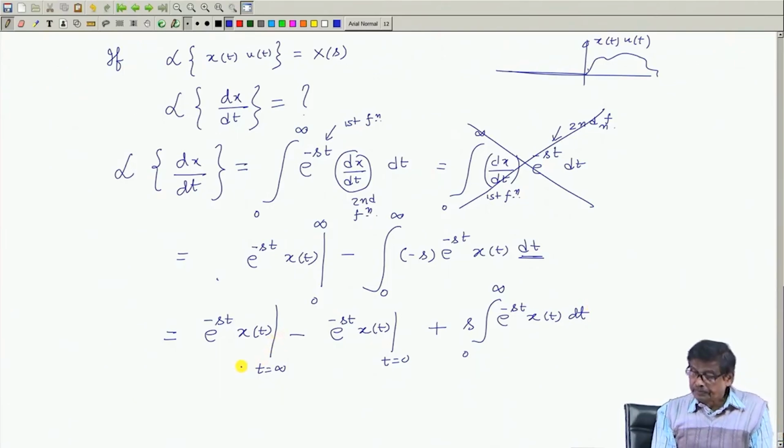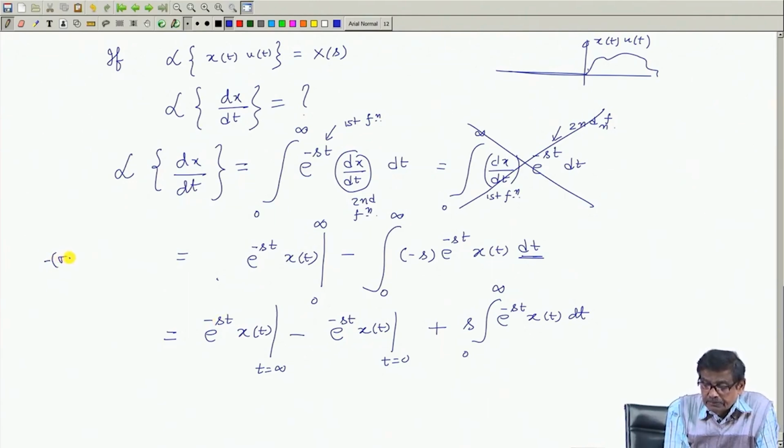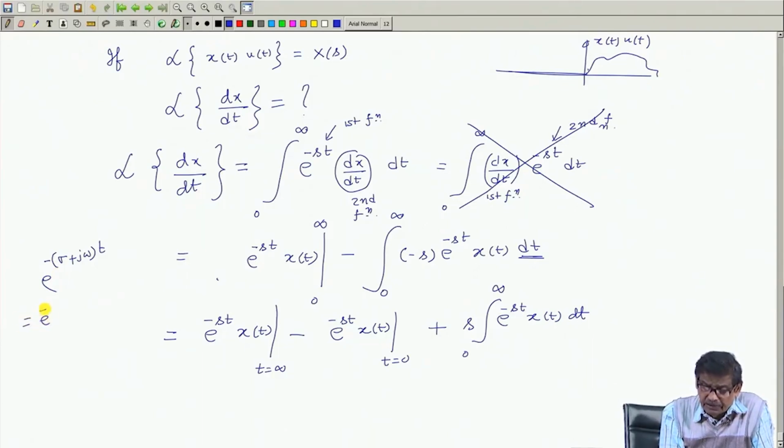Now, once again, if I want to evaluate this function for t equal to infinity, and once again as I told you, this s means sigma plus j omega, e to the power minus st. This you have to evaluate at t equal to infinity. What will be the fate of this term? So far it is equal to e to the power minus sigma t, and sometime before I told this argument, once again I am repeating, e to the power minus j omega t.